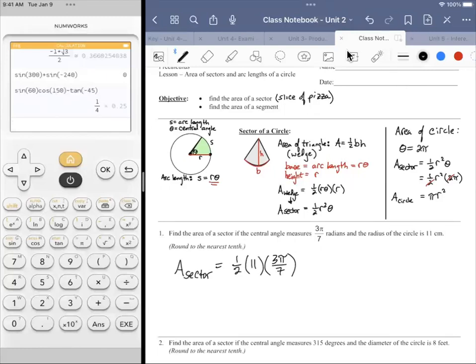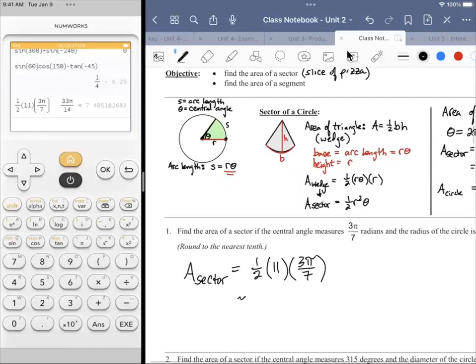So do some number crunching. 1/2 times 11 times 3 pi over 7. It gives us a simplified form, but also tells us that it's approximately 7.4. So it's going to be 7.4. The units are linear units squared because it is an area. The linear units are centimeters, so this would be centimeters squared.